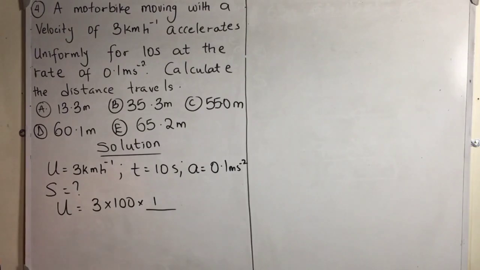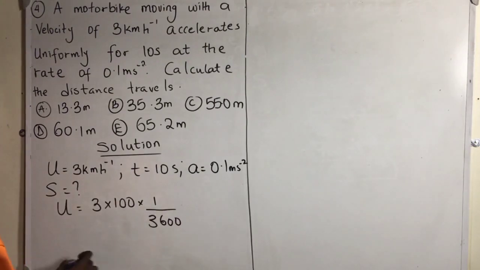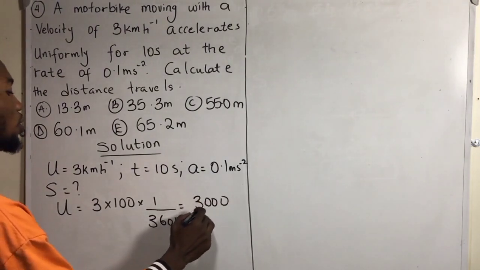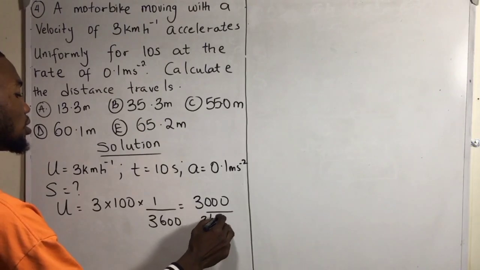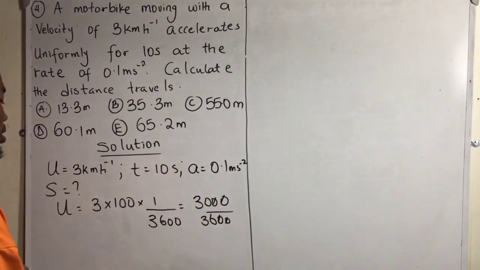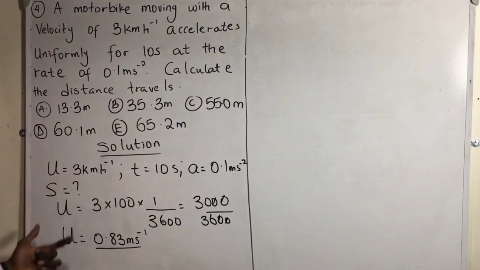That's why I'm having 1 over now. At the end of the day, I should have 3,000 over 3,600. So this cancels out this. So my initial velocity is 0.83 meter per second. You can see how I simply converted my initial velocity from kilometer per hour to meter per second, which is the standard unit.